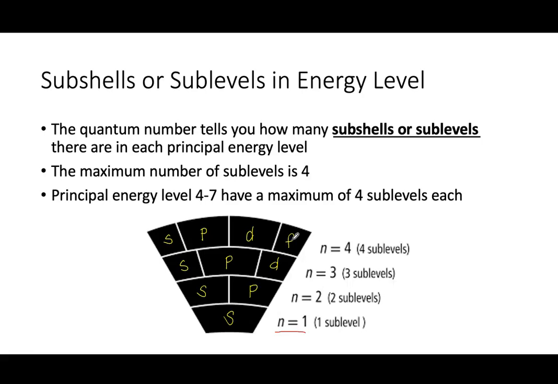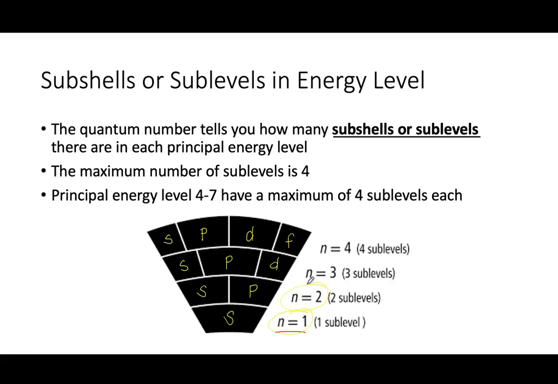So if you look at principal energy level 1, S is there, and when you get to 2, S is still there. So these are sublevels. I'm not going to go into the details of this today, but we need to understand this when we get into the next part, which is the electron configuration.